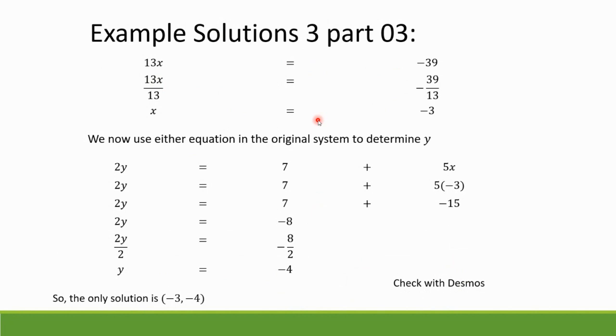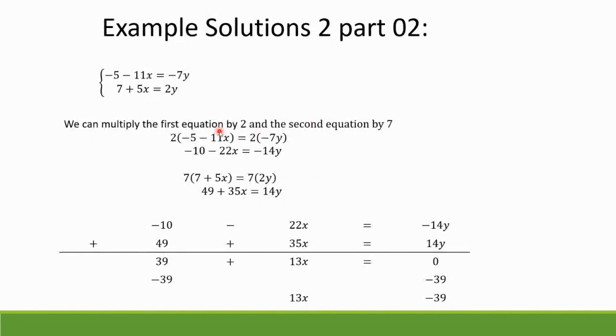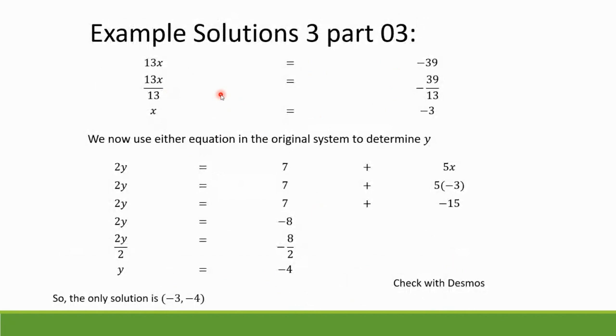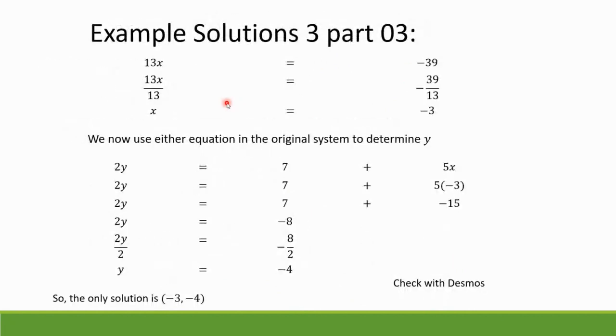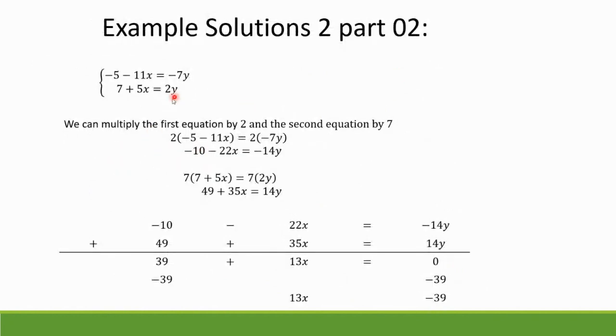Now that we know what x is, we have to figure out what y is, and we can replace x in any of the original equations. So I think what I did was the second equation. Okay. We have 2y equals 7 plus 5x. I basically interchanged both sides.